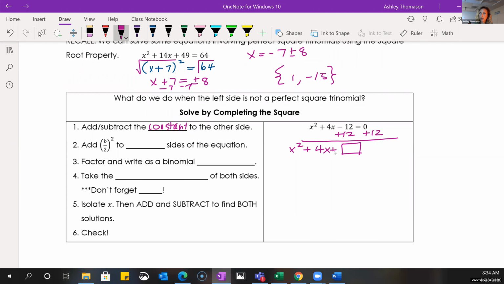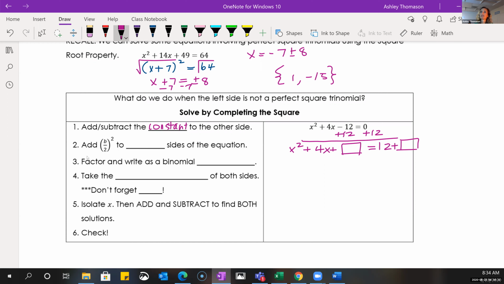It's always going to be a plus because any number squared becomes positive. On this side, I'm going to have 12. If I add some number to the left side of the equation, I have to add that same thing to the right side. So that's step one: get the constant out of the way so that you can create a perfect square trinomial. This is that C value we found up above in example 1.